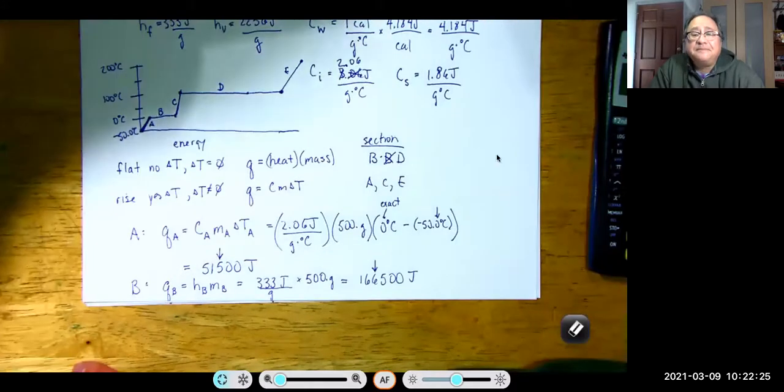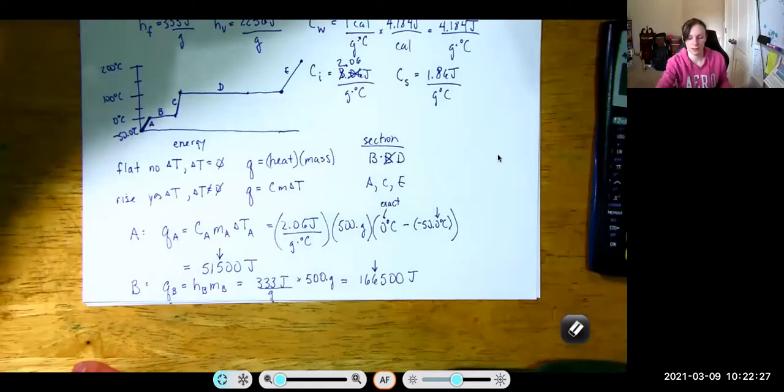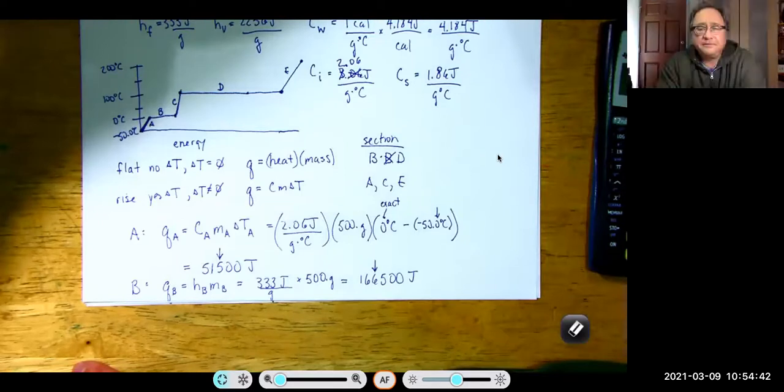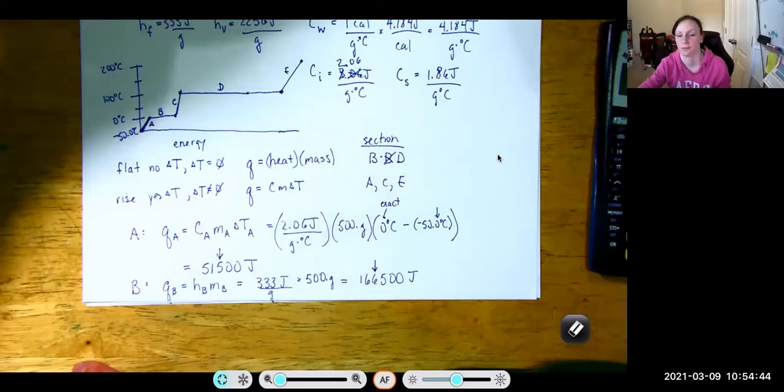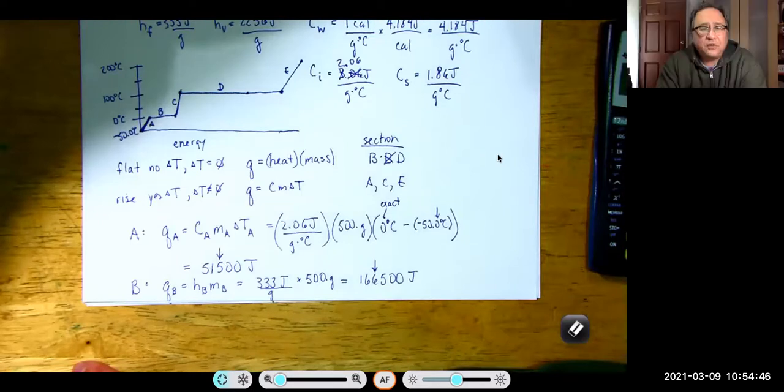Is that all right? Yeah, let me find my work. I saved the. And I'm going to share with you my, hopefully my, what do you call this? My browser.